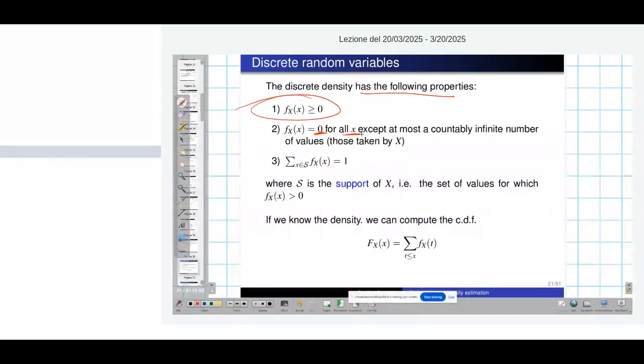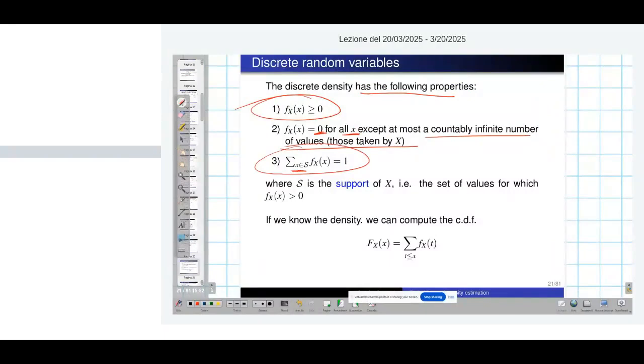The values that the random variable can take are also called the support of the random variable. And it will typically be different from 0 for those values that the random variable can take, though not necessarily.